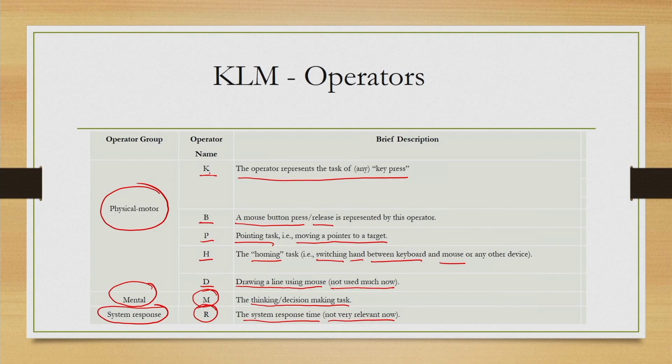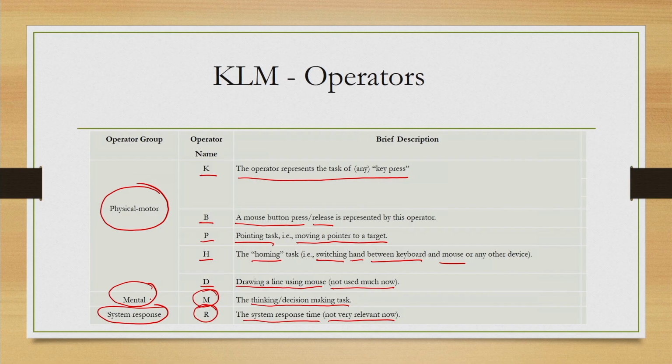So to recap, there are three groups. The physical motor group indicates operators related to our physical and motor activities, namely K for keystroke operation, B for mouse button press or release operation, P for pointing tasks, H for homing tasks, that is, switching between devices, and D for drawing a line using mouse, which is no longer used at present.